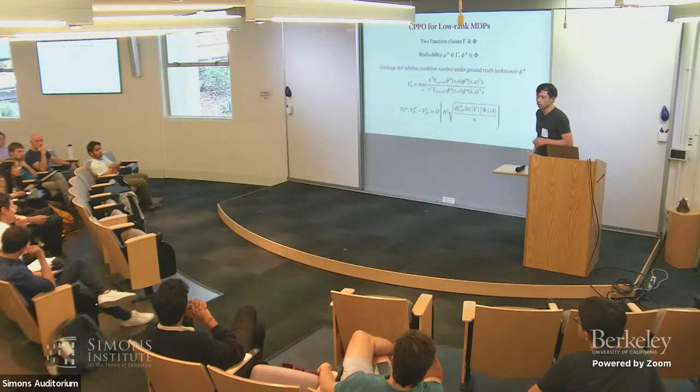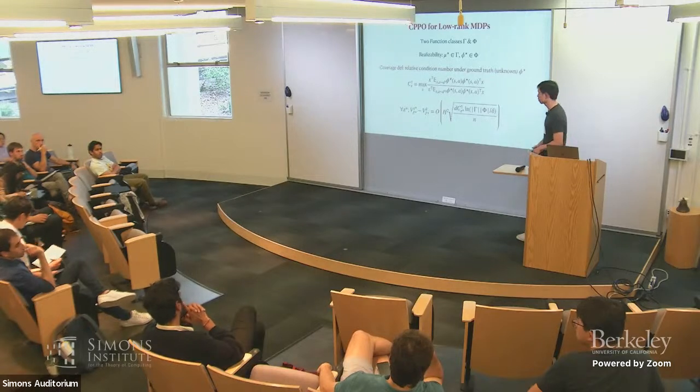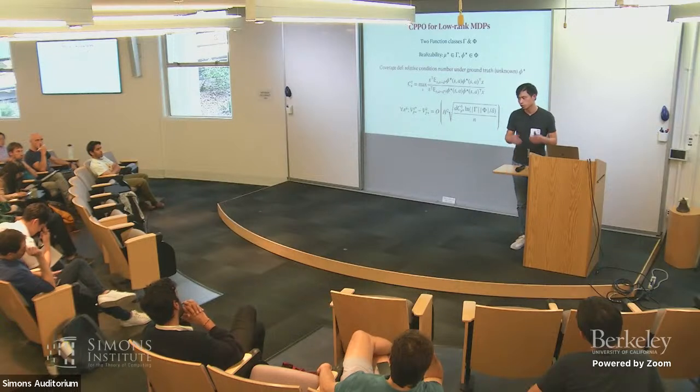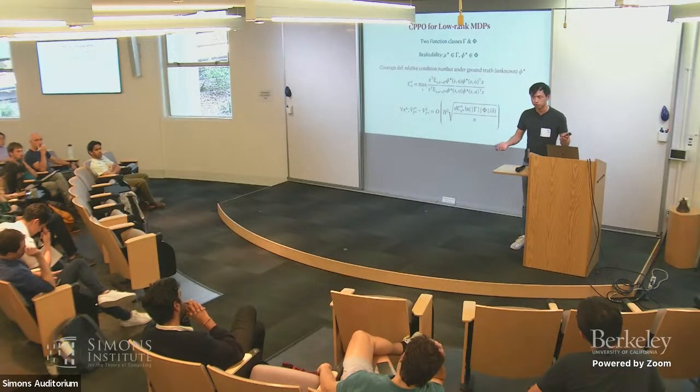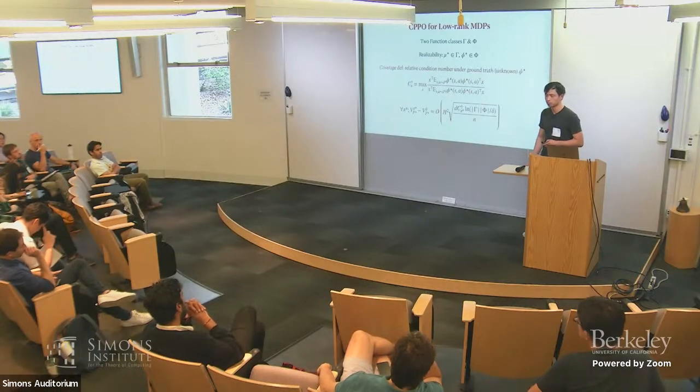Yeah, I'm just looking at the finite function classes, and I'm willing to pay the log of the size of the function classes. Now, of course, in worst case, these probably will scale with respect to the number of states, right? But I'm just assuming that I have good inductive bias in my function class, and I'm willing to pay log of the size of the function class.